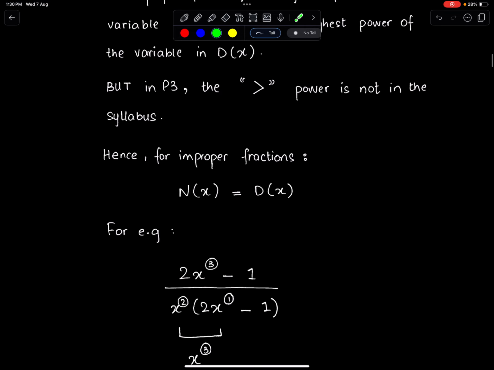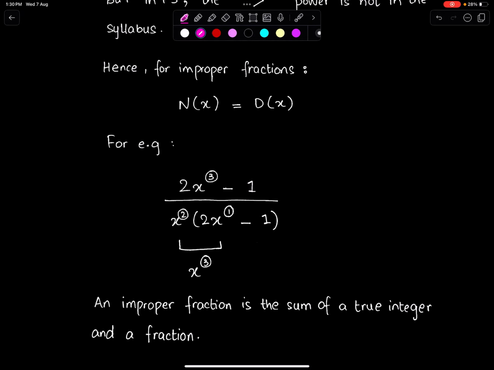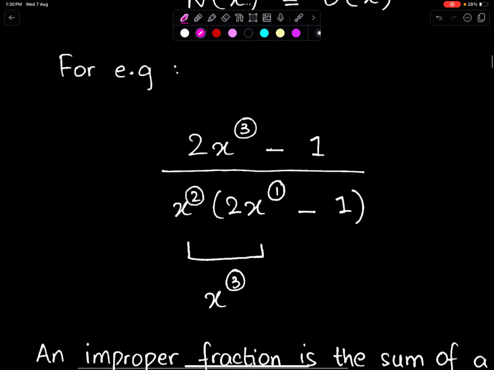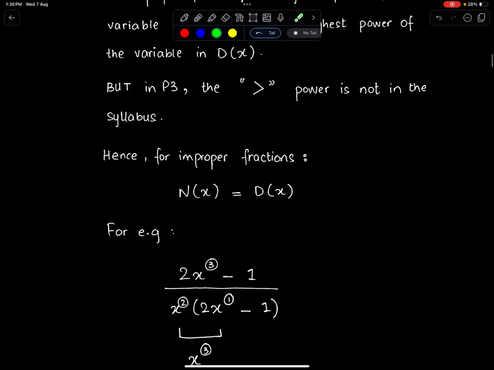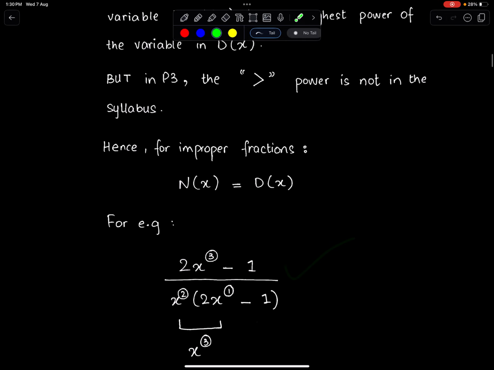So for improper fractions, only equal powers are in the syllabus. So in this example, the highest power of variable in numerator is 3 and the highest power of variable in denominator is also 3. So when powers are the same, then the fraction is improper. So this fraction is an improper fraction.